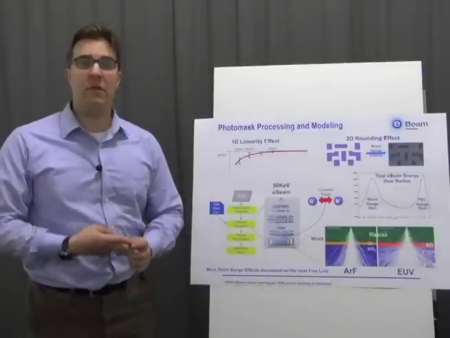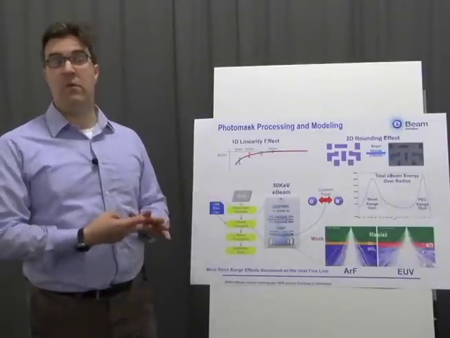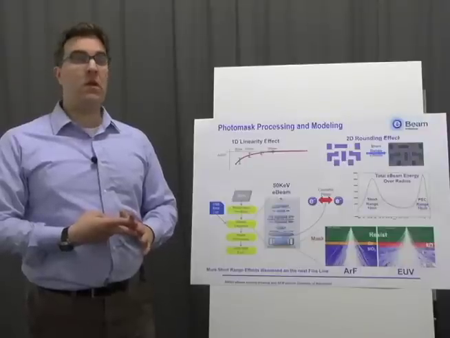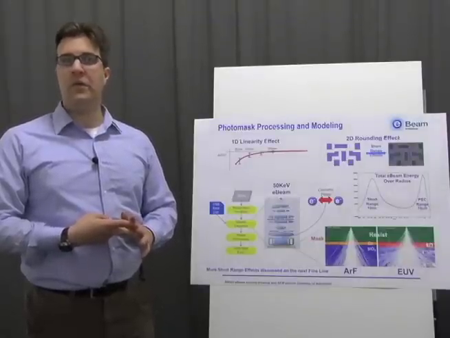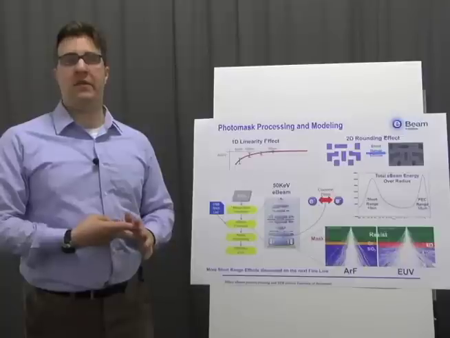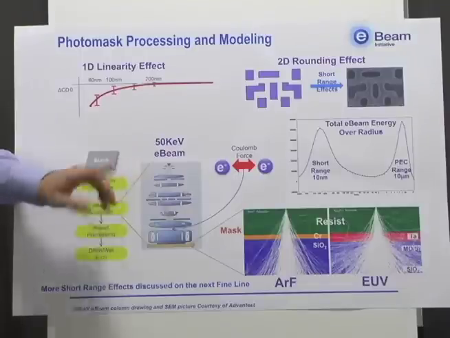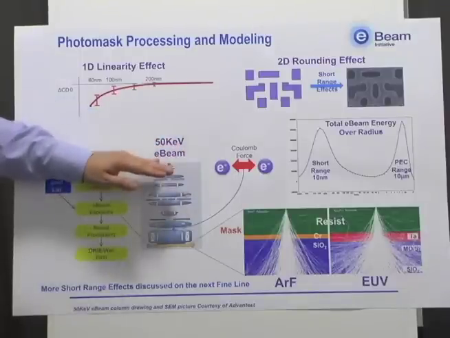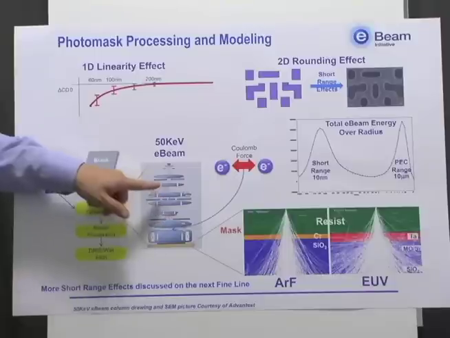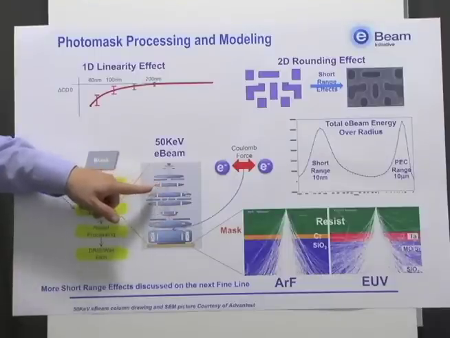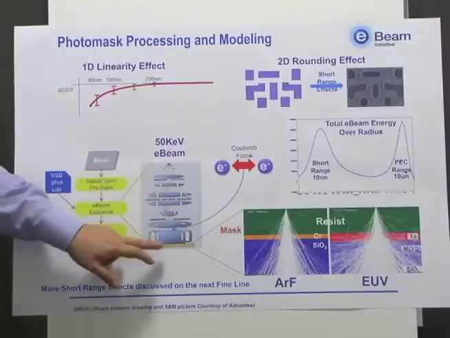And to understand the scattering processes, because that happens inside the resist itself, let's take a look at what happens to electrons once they enter the resist and the mask stack. So let's segue then into a discussion of the eBeam writing step itself. The VSB writer takes a beam of electrons and passes it through a shaped, typically rectangular, aperture. These electrons are then projected down onto the resist.